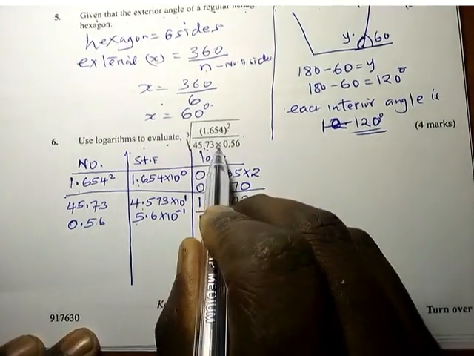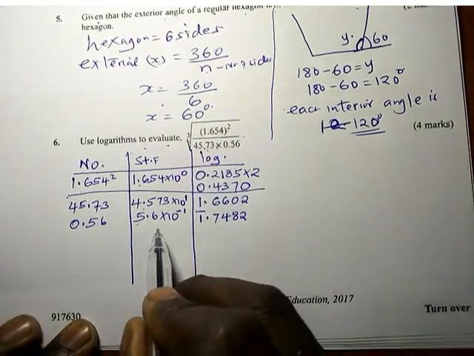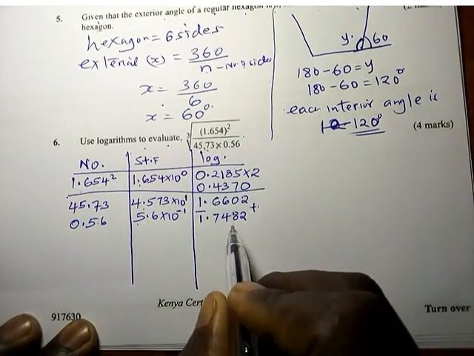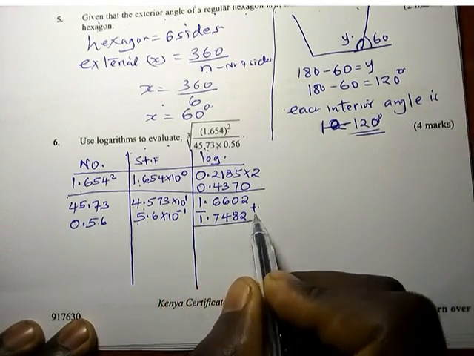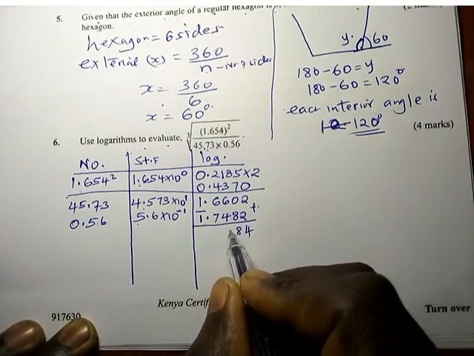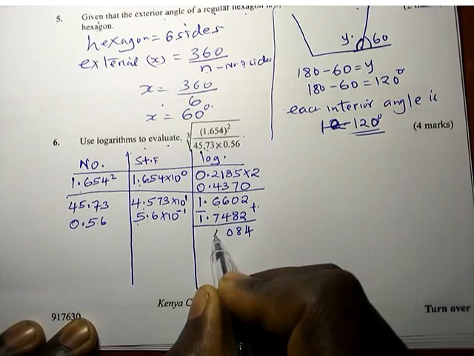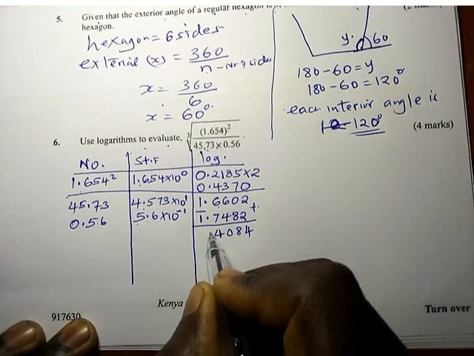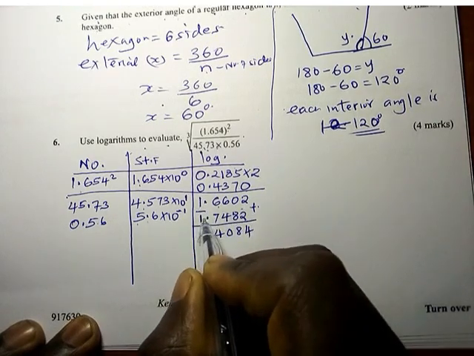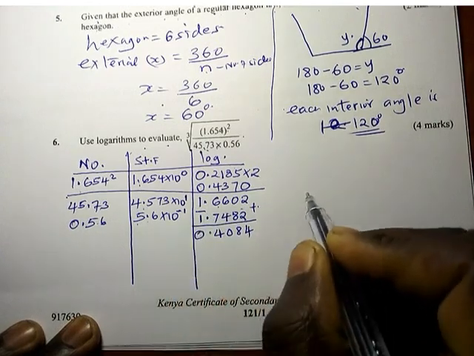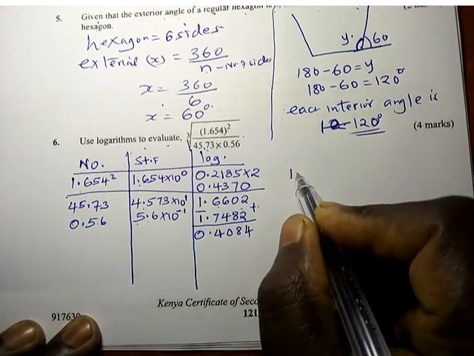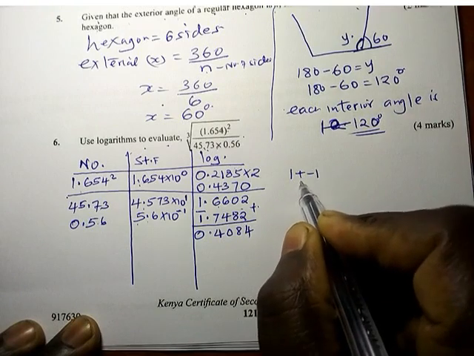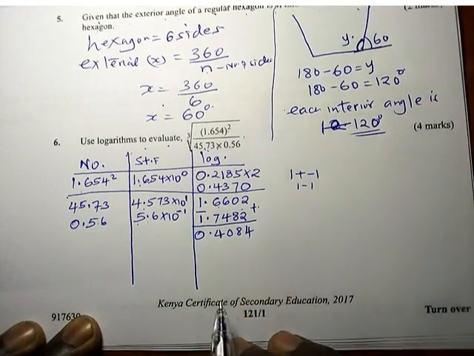Because this is multiplication in the numerator, we add so that we get the answer here: 4, 8, 10, 13, 14. Then 1 plus negative 1, the answer is 0.